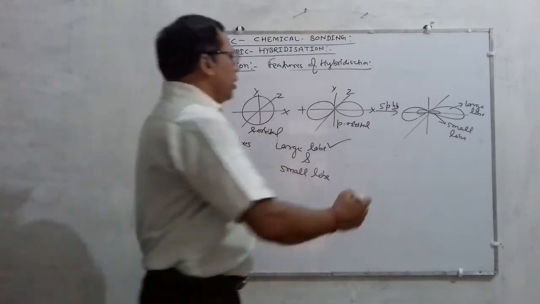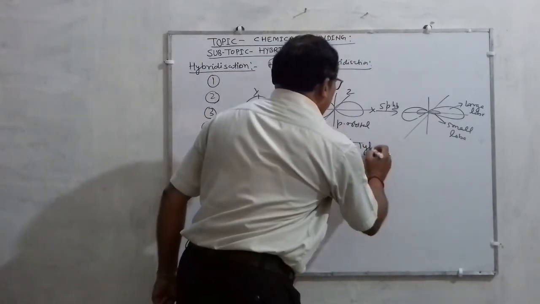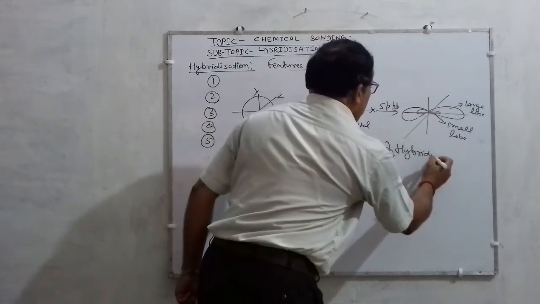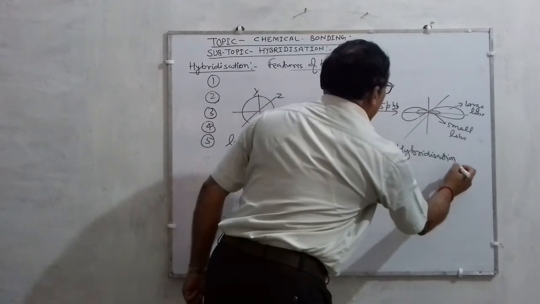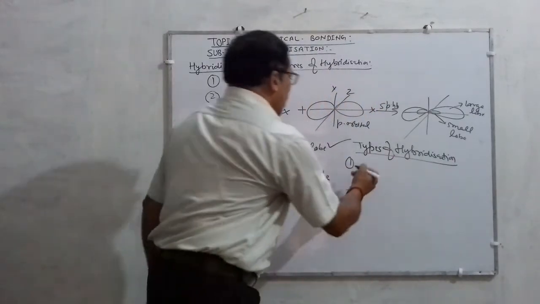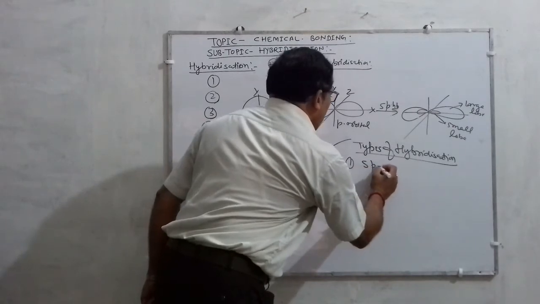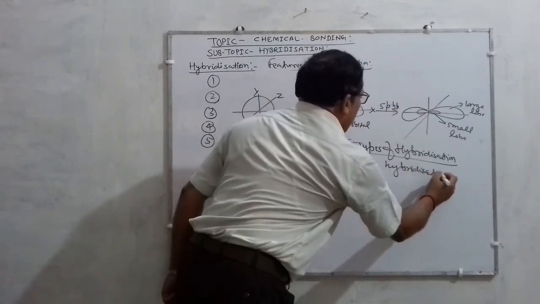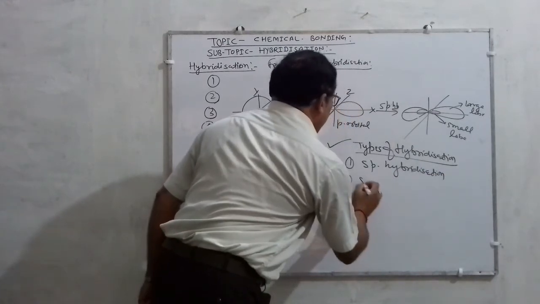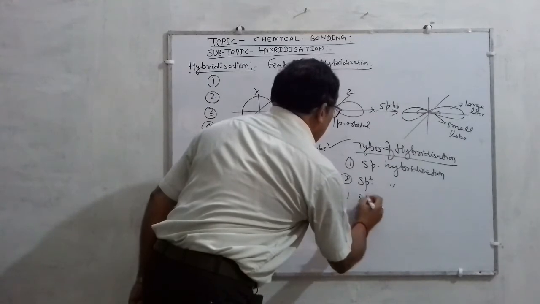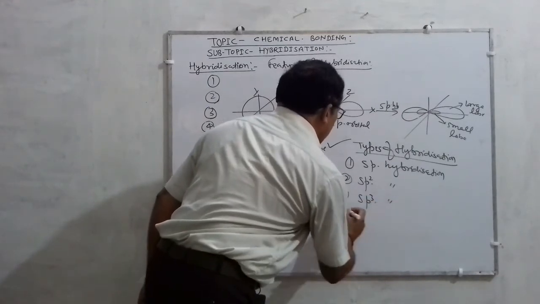Now you have to study the types of hybridization. Hybridization is of 6 types. First is called sp hybridization. Second is called sp2 hybridization. Third is called sp3 hybridization.